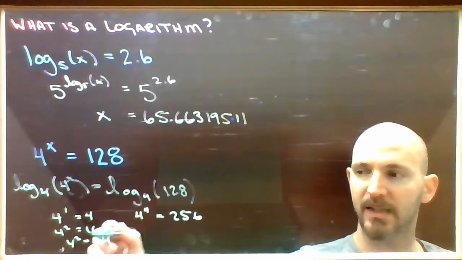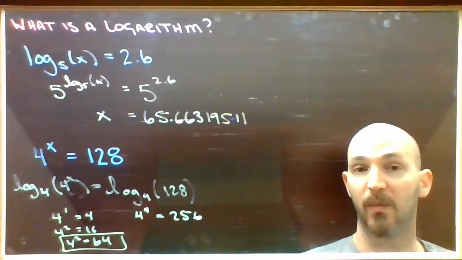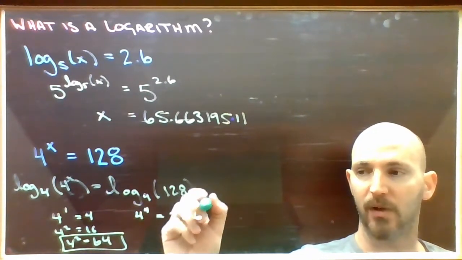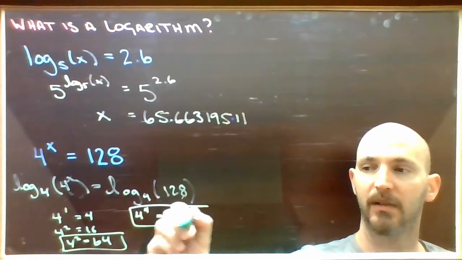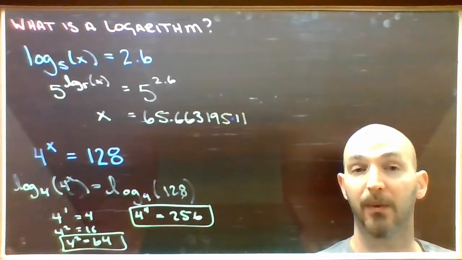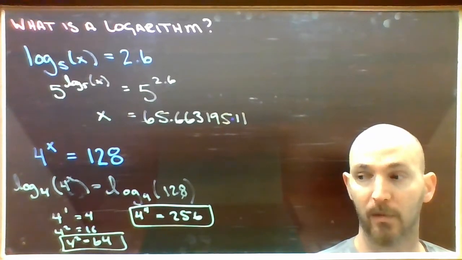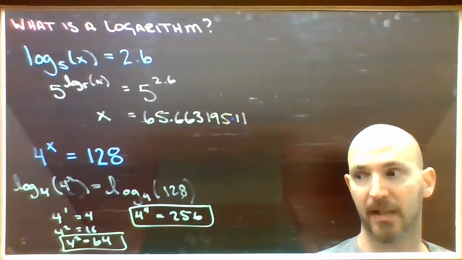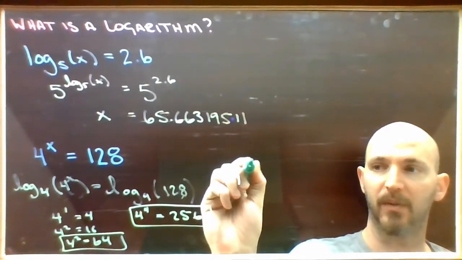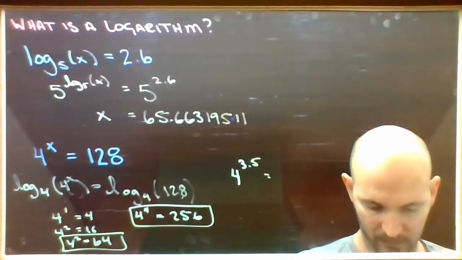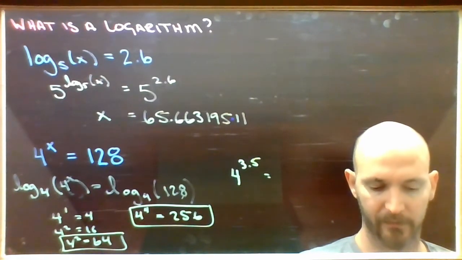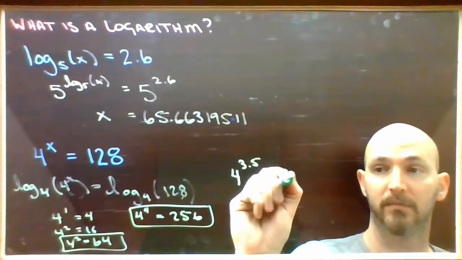Now, notice that this one is too small, because I'm looking for 128 and I only have 64. And this one is too big. So I'm hunting for a value between 3 and 4. Well, if you like, just try 3.5. That's halfway through. So 4 to the exponent 3.5 gives me 128.